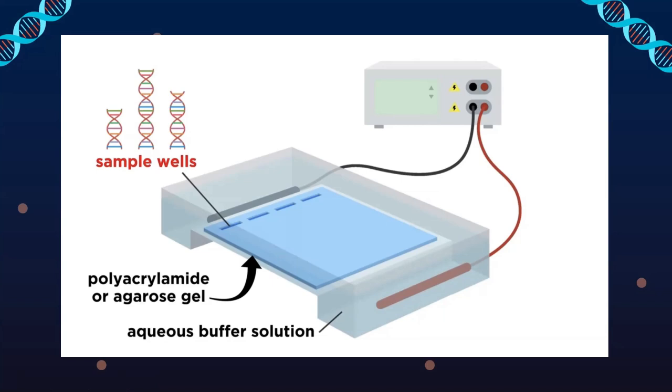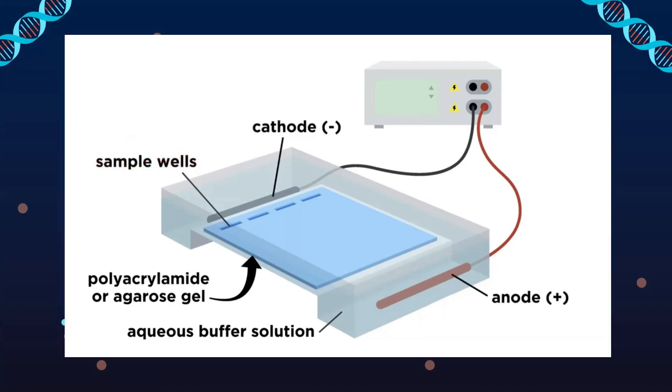Okay, so each of these actually is a mixture of some DNA molecules of varying length. So this apparatus is also equipped with electrodes at each end, and those are the cathode and the anode. Again, the cathode is the negatively charged electrode, while the anode naman po is the positively charged electrode.